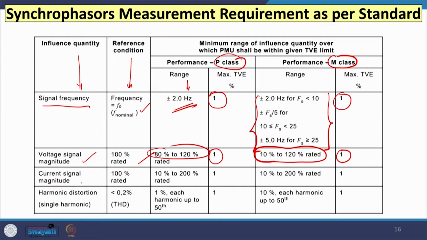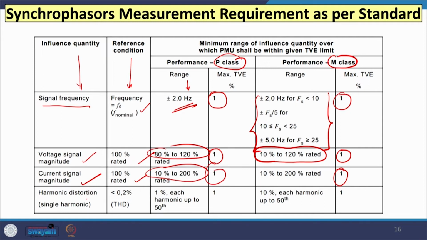If I consider the current signal with the rated value, then 10 to 200% of the rated value is available for the same 1% TVE, and similarly for M class PMU the same range, 10 to 200%, is there. So, both are the same.